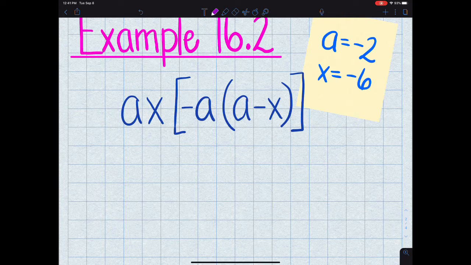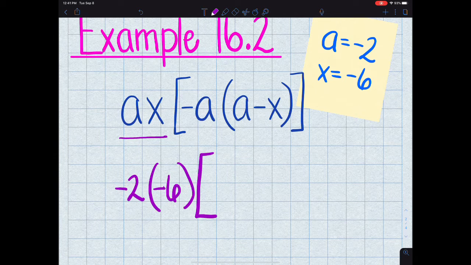So let's try it. So the first one starts out with a times x. So let's do a, which is -2, times x, which is -6. Okay, easy enough so far. And then we're going to write negative a in the middle, this negative a right here. But we're going to write the opposite of a, so we're just going to make that a 2.